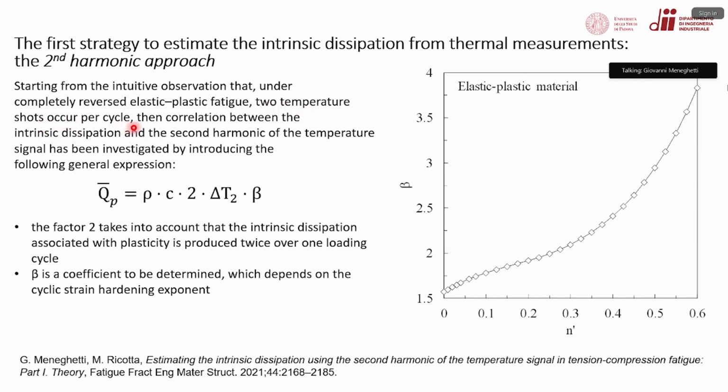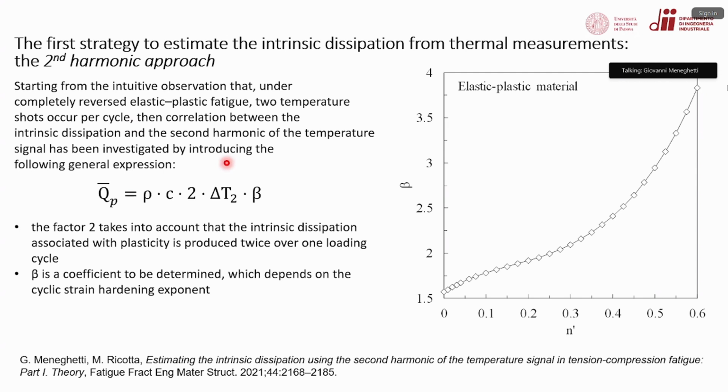The first thermal shot is when you apply elastic plastic strains in tension, and the second shot is when you reverse the load and apply elastic plastic strains under compression.